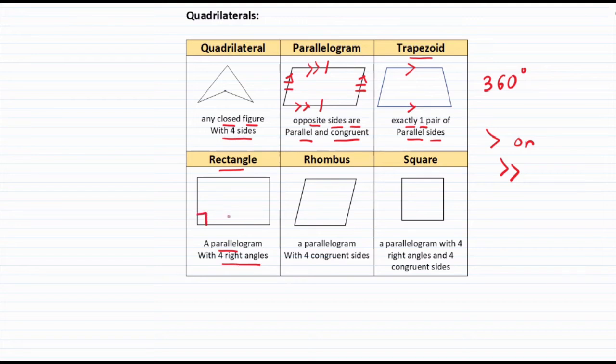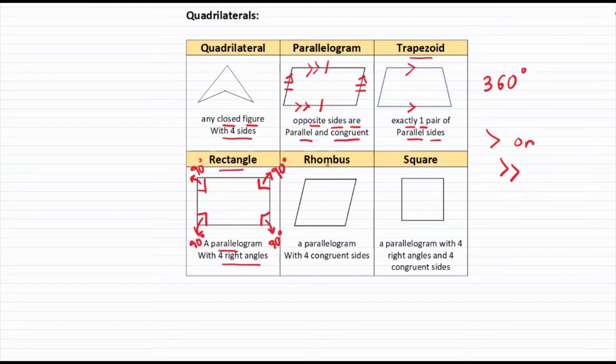So this is a right angle, this one is a right angle, 90 degrees, 90 degrees. This is 90 degrees. This is also 90 degrees.